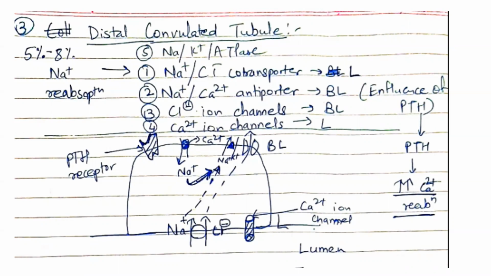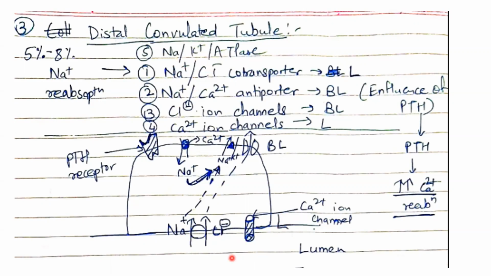We are going to learn that. So 5 to 8% of sodium is reabsorbed from the distal convoluted tubule, and as we have been discussing, we will go with the same flow: which transporters are present at the distal convoluted tubule? The transporters are sodium potassium ATPase, which is always present at the basolateral membrane, and the sodium chloride cotransporter, which is present at the luminal membrane.